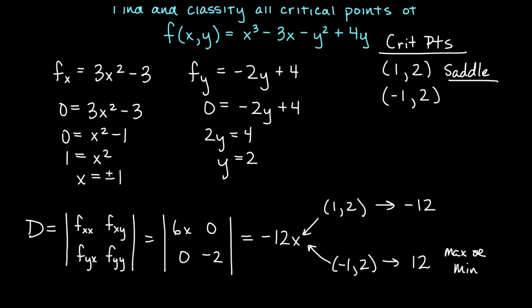So let's think about the sign of the pure second derivatives. If we are at (-1, 2), if I plug that into this first one here, that's going to give me a -6. And so I will have a -6 and a -2, and those will be the signs for my pure second derivatives.